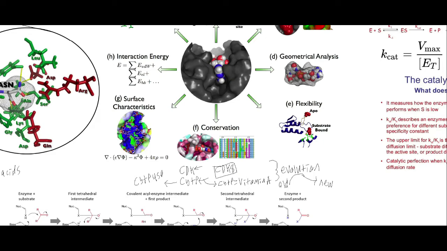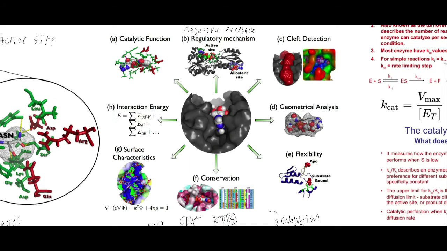Anyway, so we want to talk about surface characteristics. That has a lot to do with interactions with other proteins and things like that, and interaction energy, which is just the energy of... so that's thermodynamically how much, say, a substrate might want to actually enter your protein.